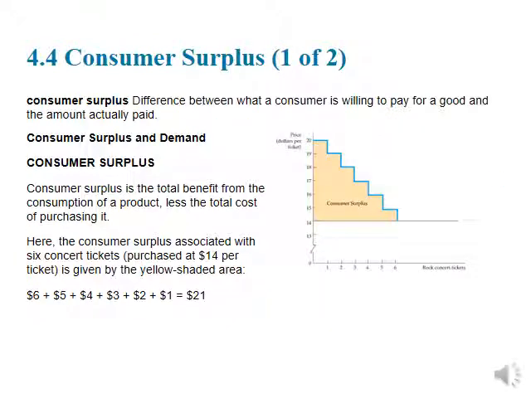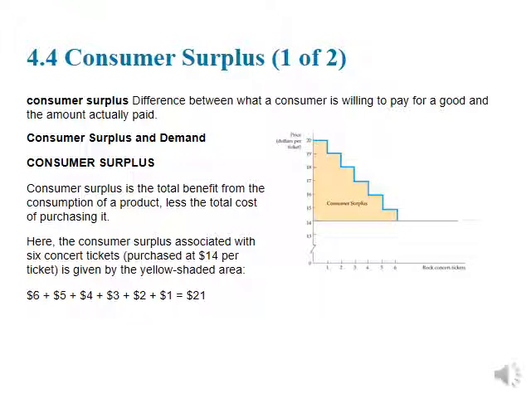Finally, we'll do a short review of consumer surplus. Remember that consumers benefit from participating in the market. There are gains from trade. In practice, this is because a demand curve is your marginal willingness to pay, and typically we are paying a market price below that.